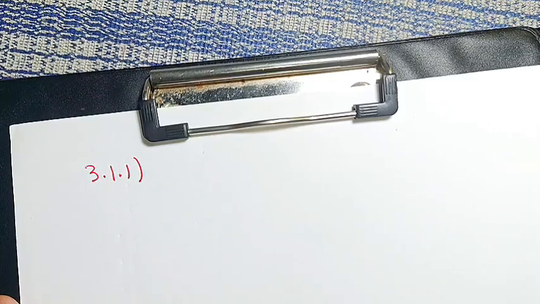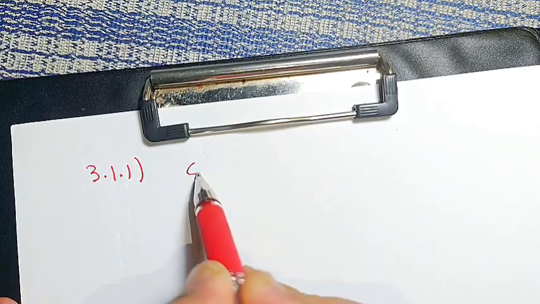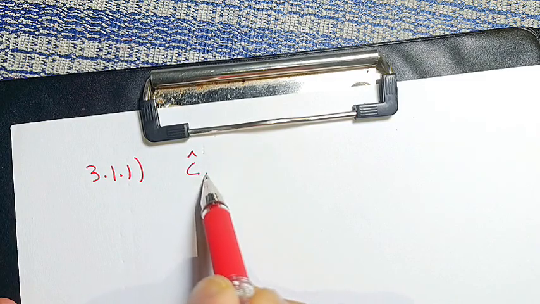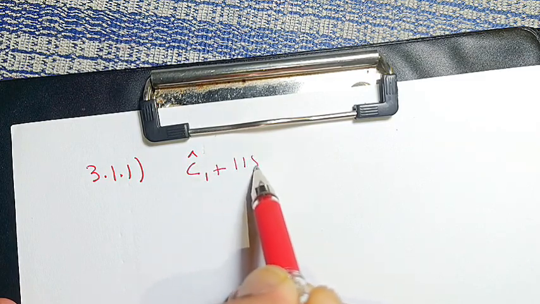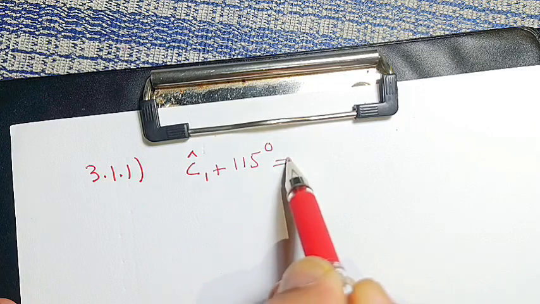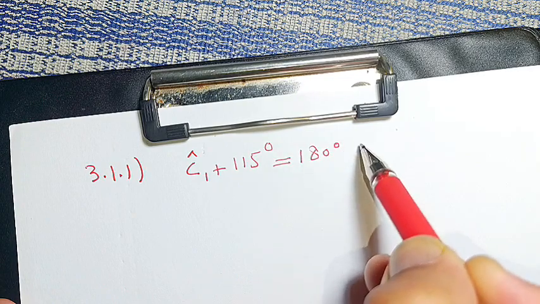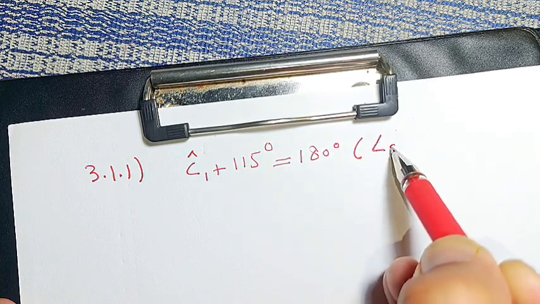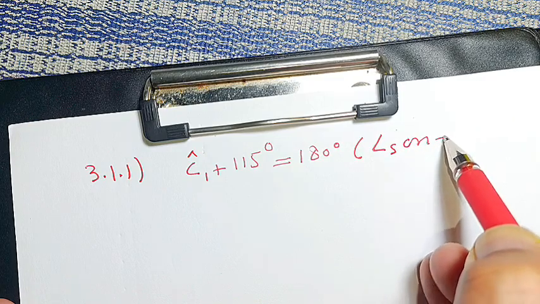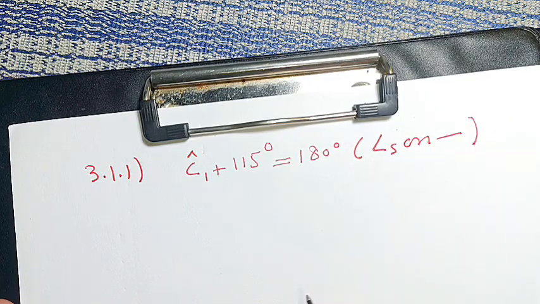So I'm going to write the first question answer. The angle C1 plus 115 degrees is equal to 180 degrees, and we must give the reason: angles on a straight line.